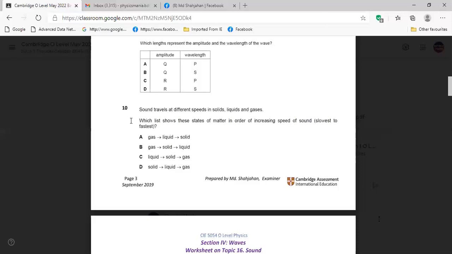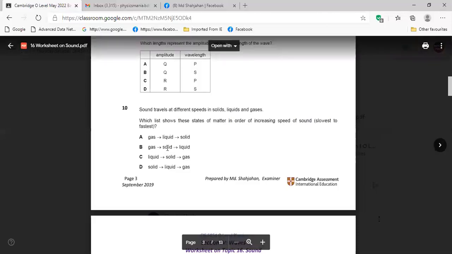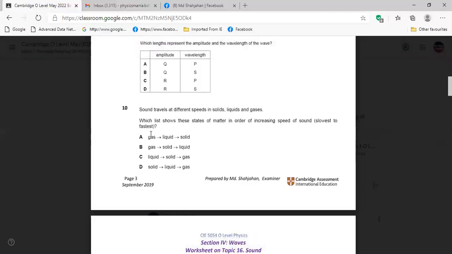We also got the typical speed of the sound wave in solid, liquid, and gas. The values we got in notes: in gas or air, it is approximately 330, 340, depending on the density of the air.